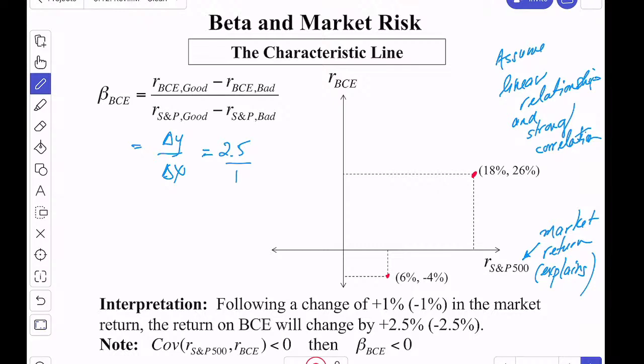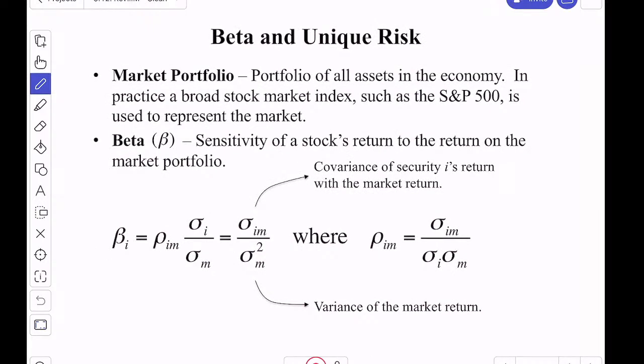So what we have is a measure now of sensitivity of stock returns to the returns on the market portfolio. We calculate the slope when you have more than 2 observations.